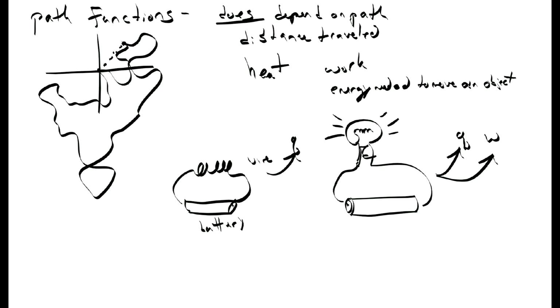So, even though you're going from the same beginning point to the same end point, the energy of the full battery and the energy of the dead battery, one way it's all heat, the other way it's releasing heat and doing some work. Okay. So heat and work are path functions, but things like energy are state functions.